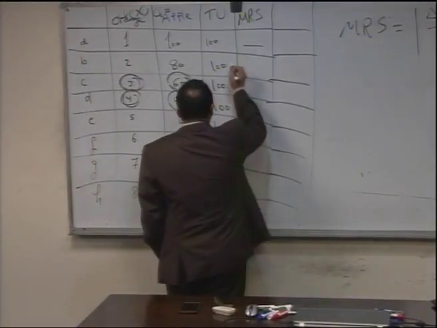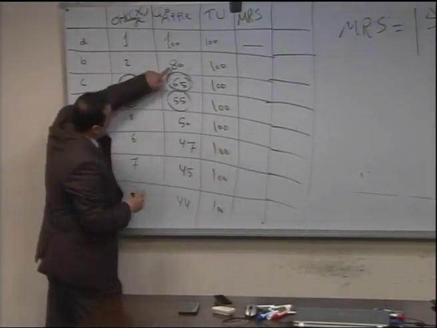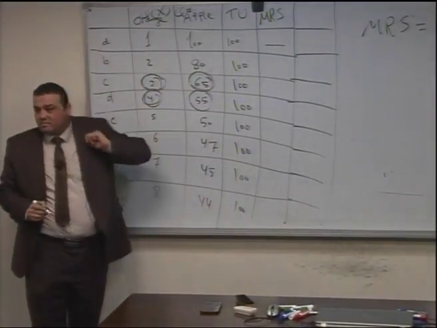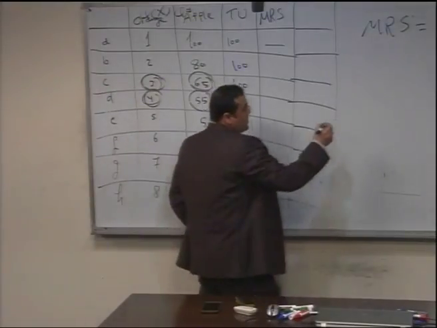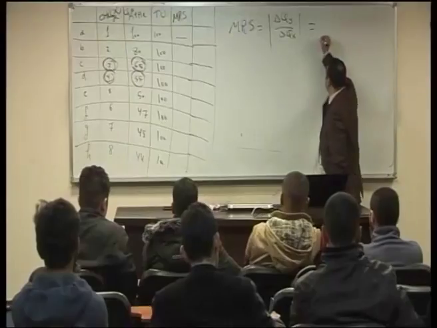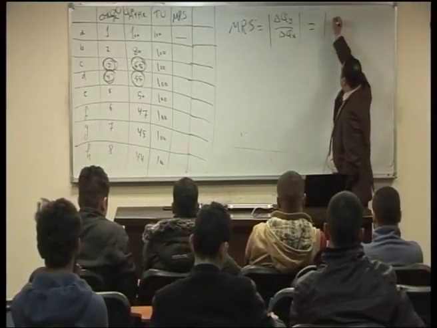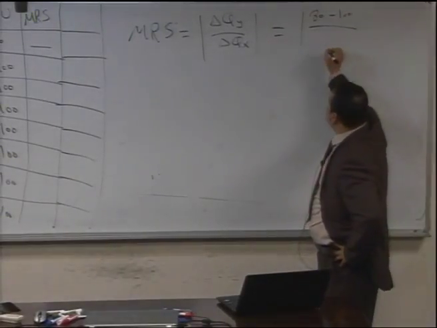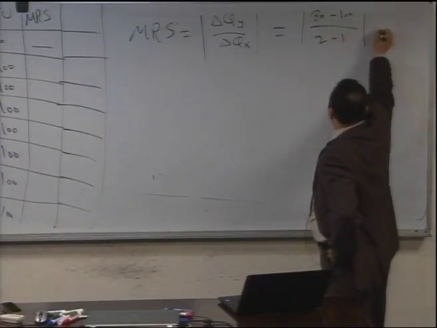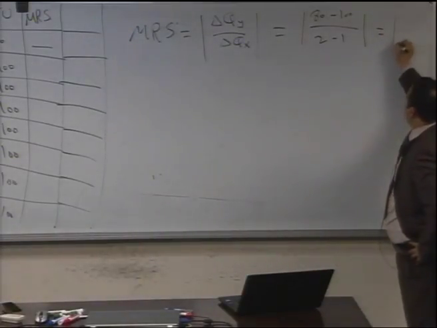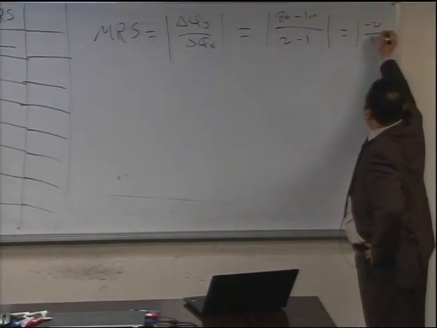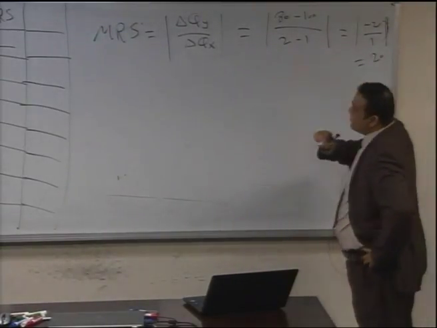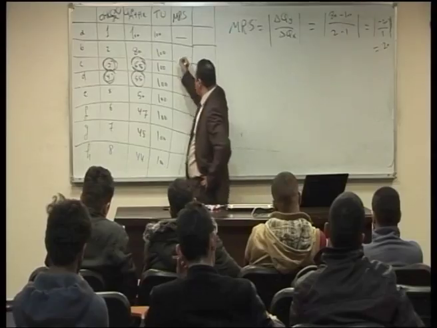For the first case, 80 minus 100 over 2 minus 1, in absolute value: minus 20 over 1 equals 20. This is the marginal rate of substitution.